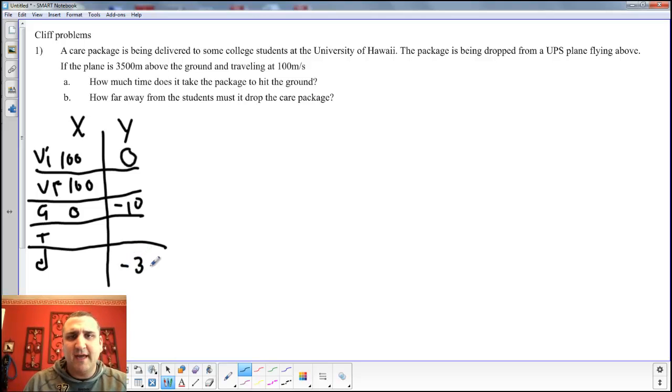And if you recall, d equals VIT plus 1/2 AT squared. Let's start plugging some stuff in. We'll go with negative 3,500 equals 0 plus negative 5t squared. And this is all for the y.